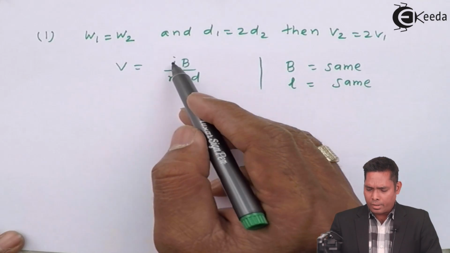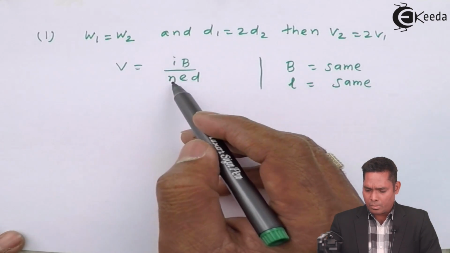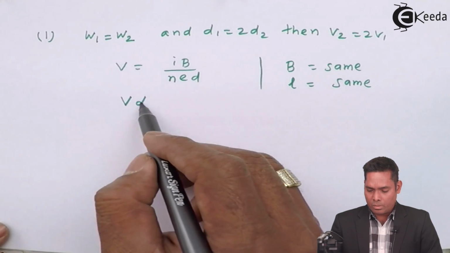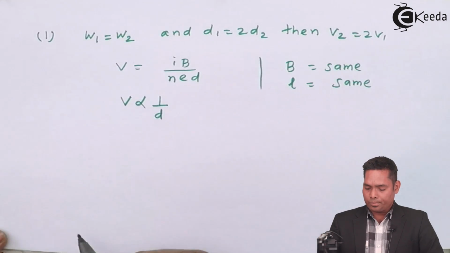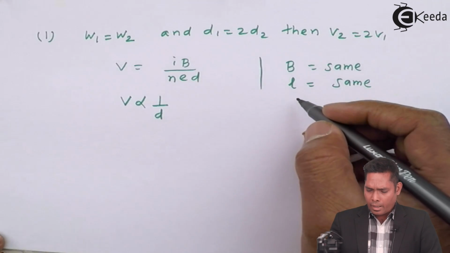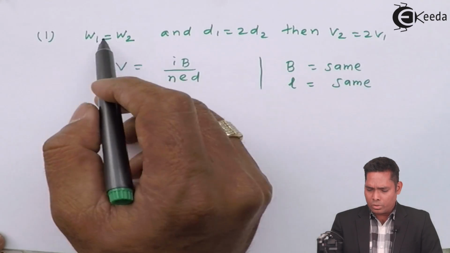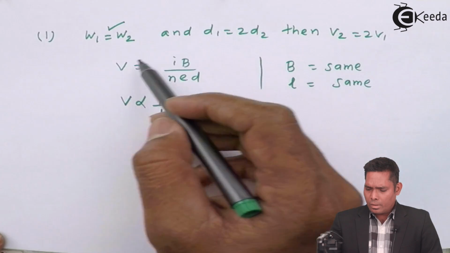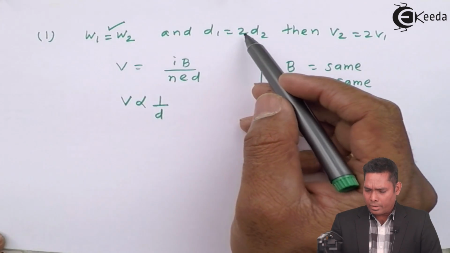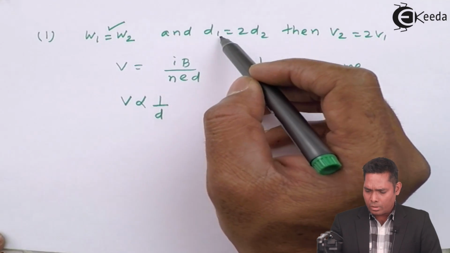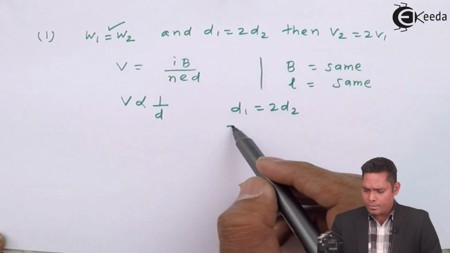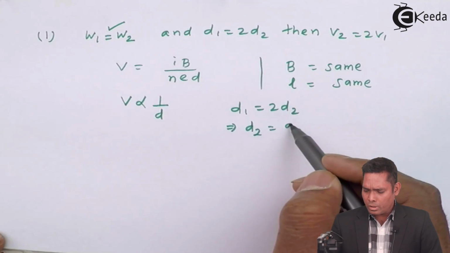If B is same, I is same, E is same, then V is inversely proportional to D. So here V is inversely proportional to D. If V is inversely proportional to D and independent of W, this relation is always correct. From here I can write D1 is 2D2 implies D2 is D1 by 2.